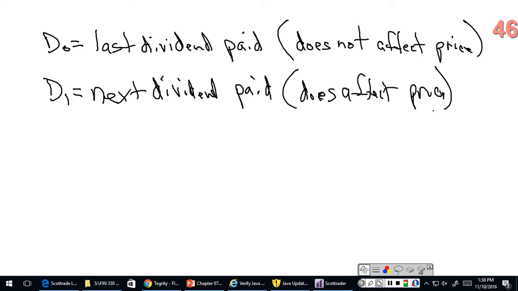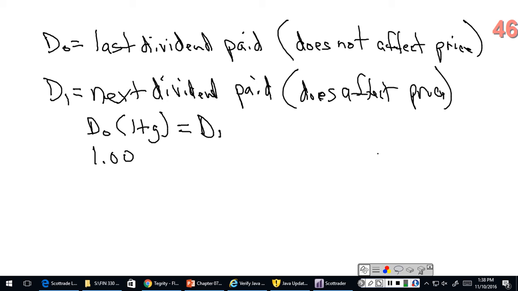So for example, let's say we're reading a problem and it says ABC Corporation recently paid a dividend of $1 per share. As you're reading that, you think, okay, they've already paid that dividend, so they've given me D0, which is $1 per share. If you're given D0, you have to multiply it by 1 plus the constant growth rate to get the next dividend that's going to be paid.